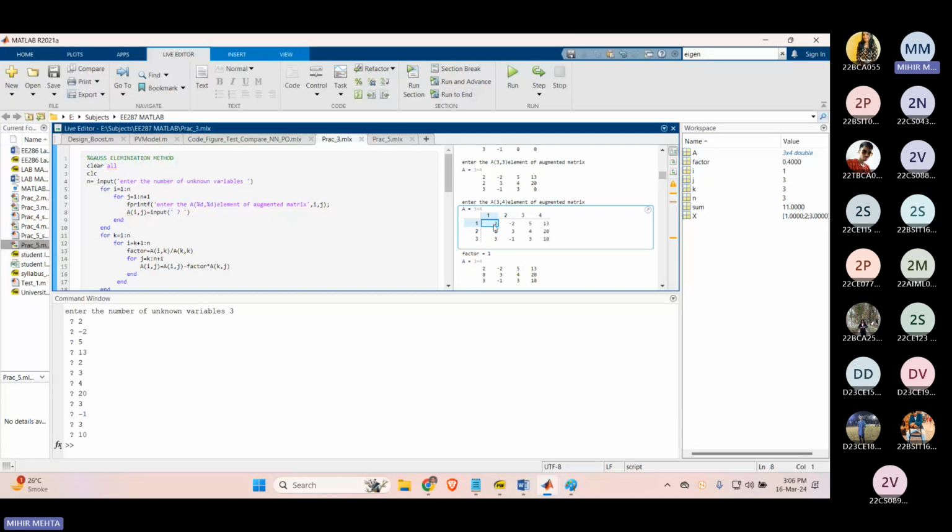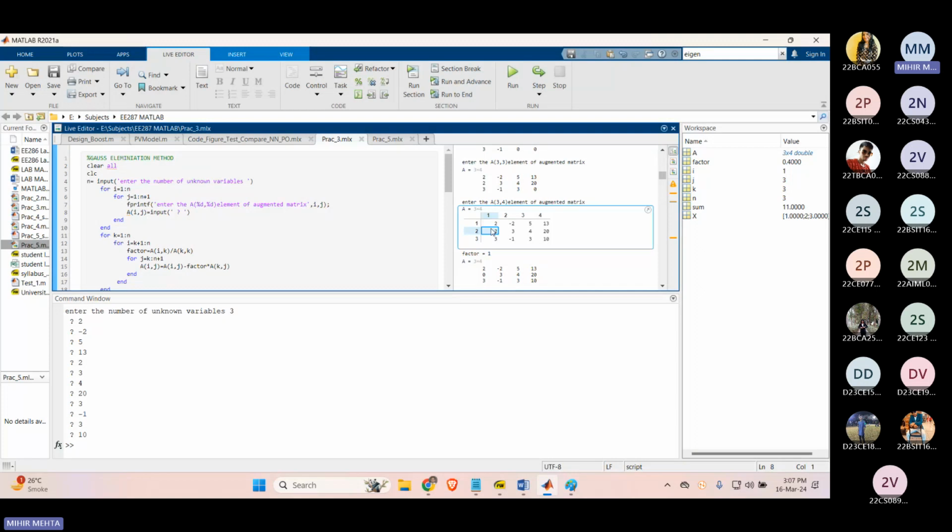I don't want these two values. So I need to multiply my first row, first column value with something and subtract it from my second row, first column value so that this becomes 0.